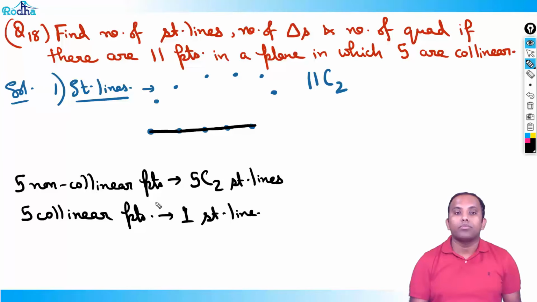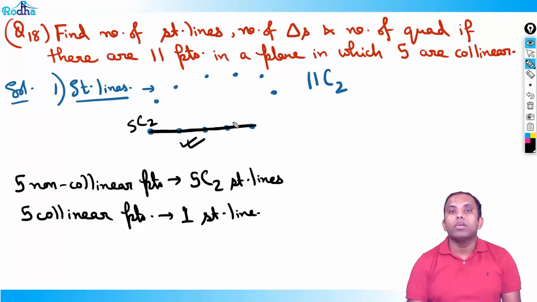Not 5C2. So when I've written this 11C2, including these 5 collinear points, I have taken 5C2 for these 5 points also. But we have just discussed that 5 collinear points equal one straight line, not 5C2.